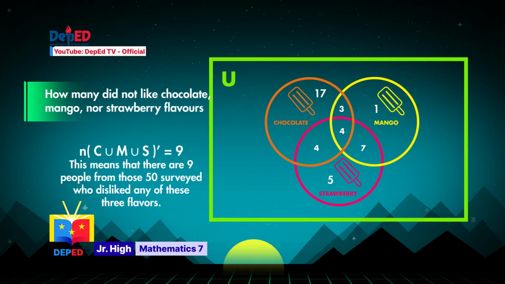Good thinking! Earlier, we said this is the difference between the universal and the union of all three sets. And therefore, since the complement of the union of sets C, M, and S has a cardinality of 9, the answer to letter B is 9.